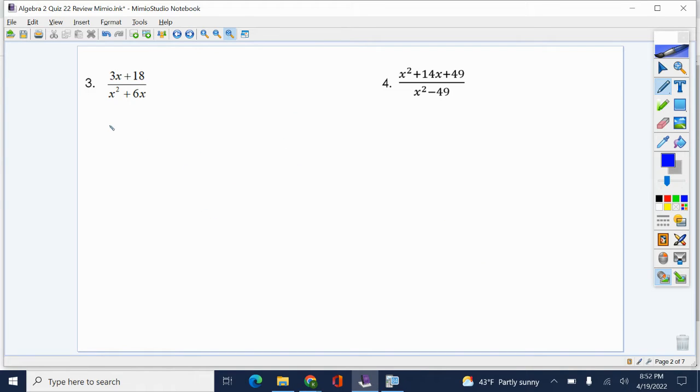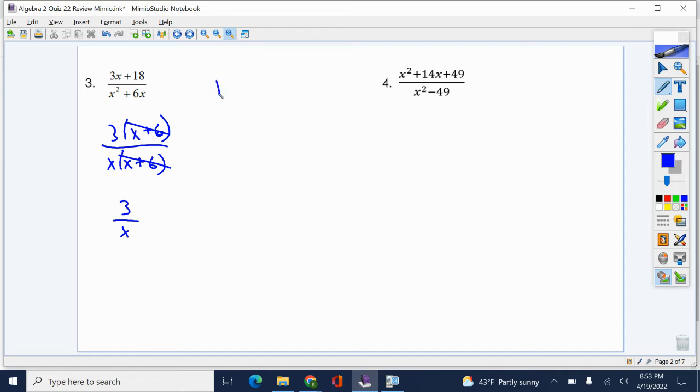Number 3, I can take 3 out of both up top, so leaving x plus 6. Underneath, GCF of x this time, take x out of x squared, that leaves x. Take x out of 6x, that leaves 6. These will cancel, leaving 3 over x.